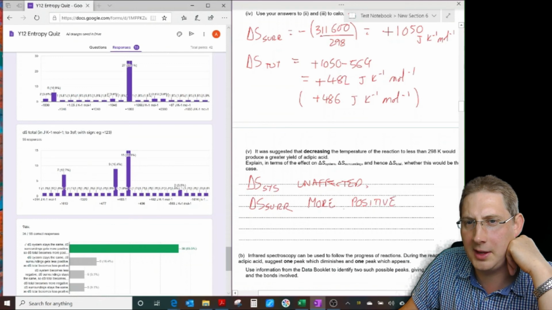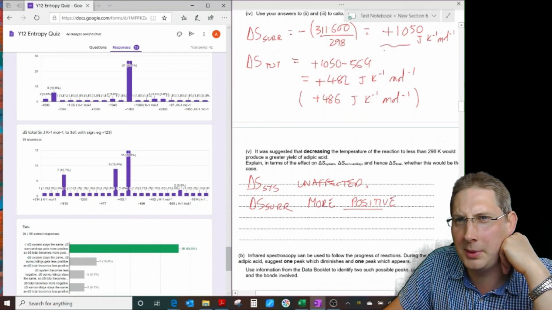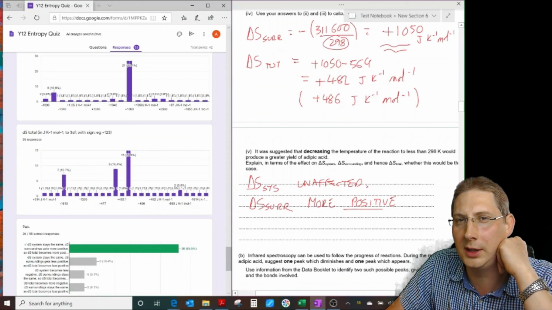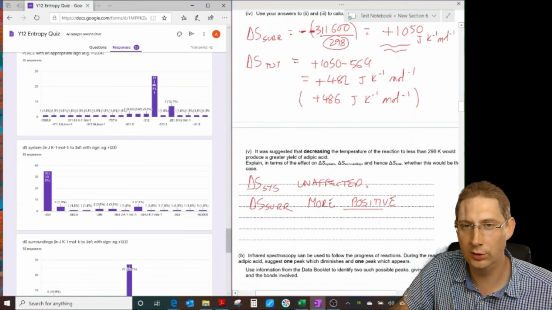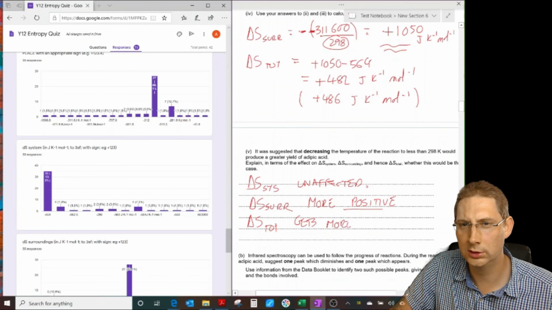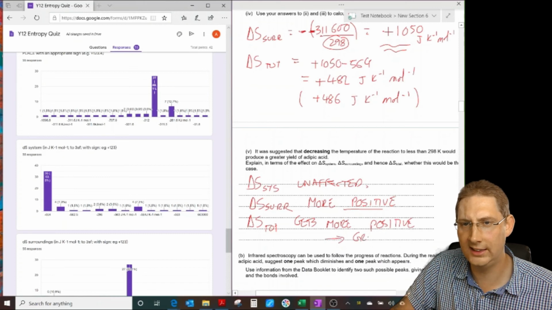It's a positive number, and if we get lower temperature, that will be an even more positive number. And therefore, delta S total gets more positive, and that would lead to a greater yield.